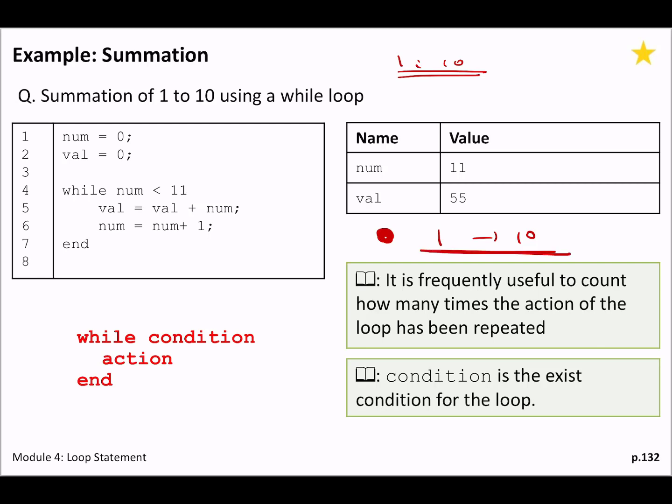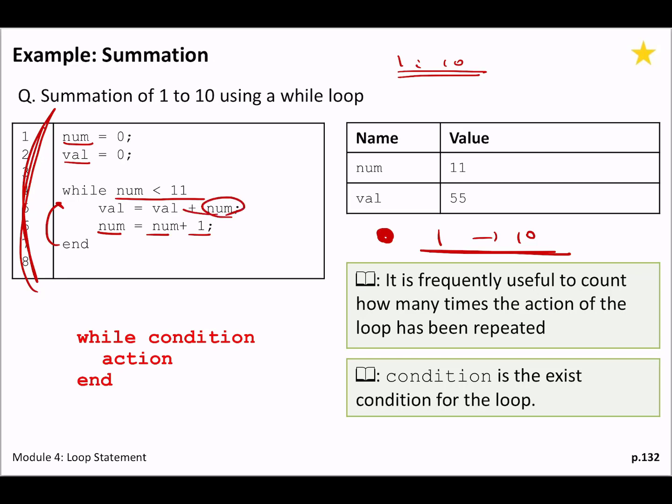Okay? So here's the sample. You set num and val to 0. And then your condition statement is like this: num is less than 11. And num keeps increasing every single loop. Okay? And then adding this num value to the val.